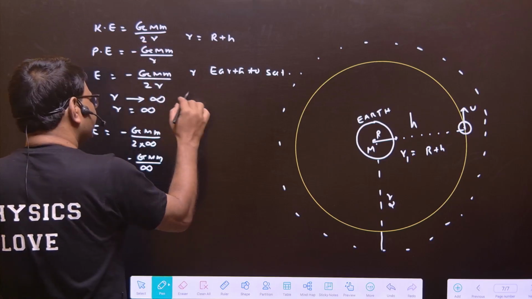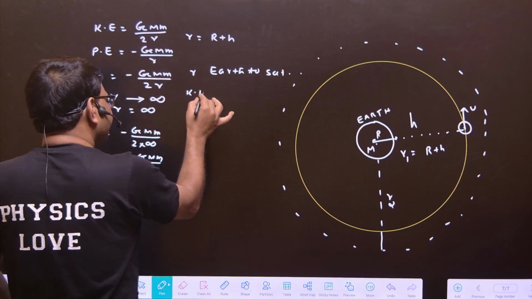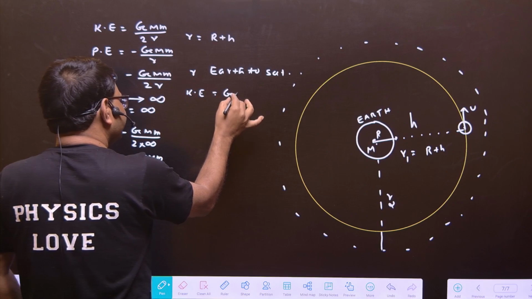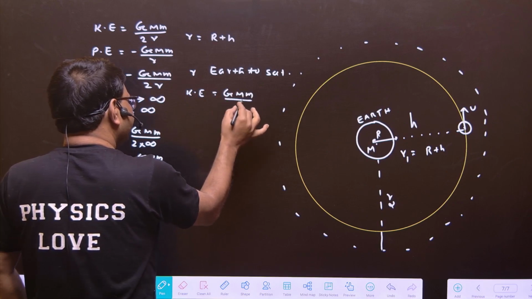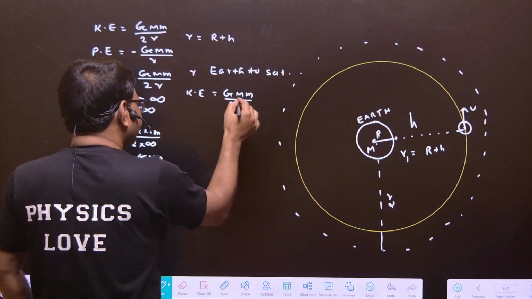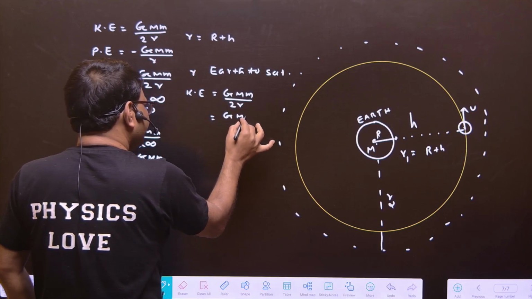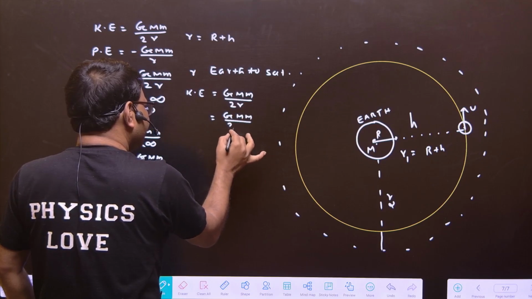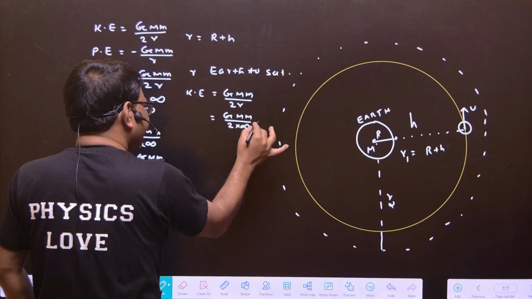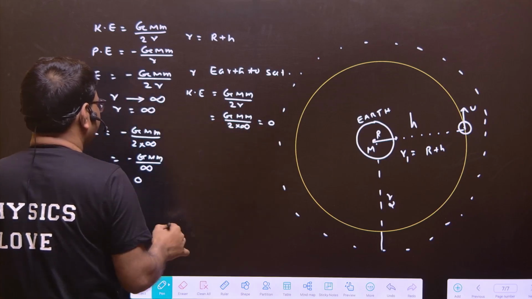Kinetic energy is also 0. The kinetic energy formula is G M m divided by 2R. With R going to infinity, something divided by infinity, the kinetic energy is also 0.